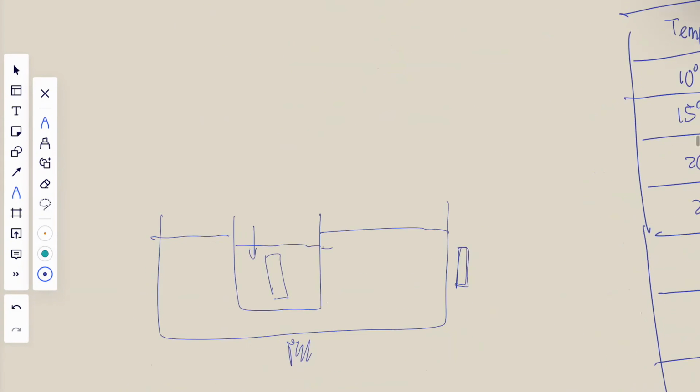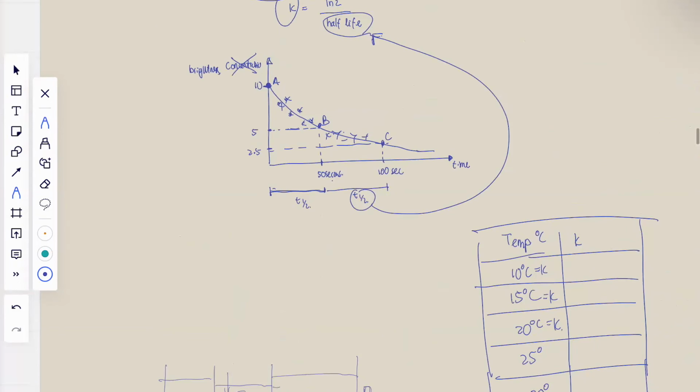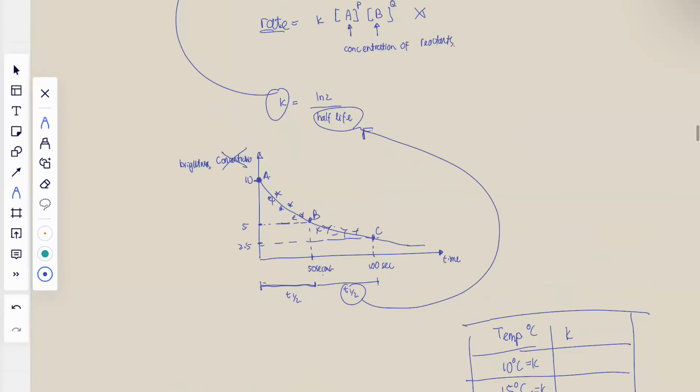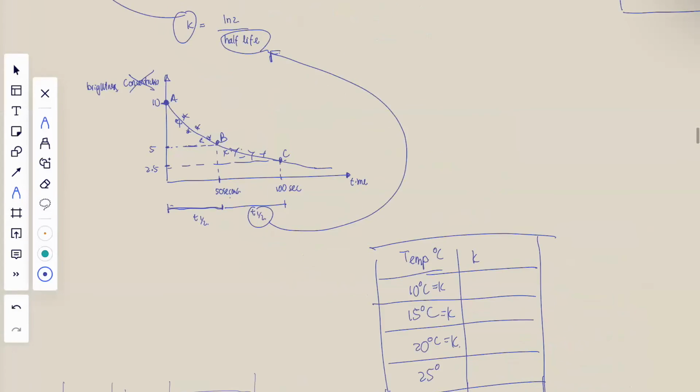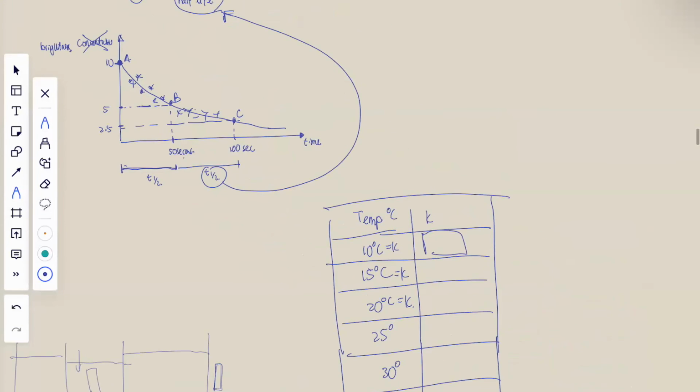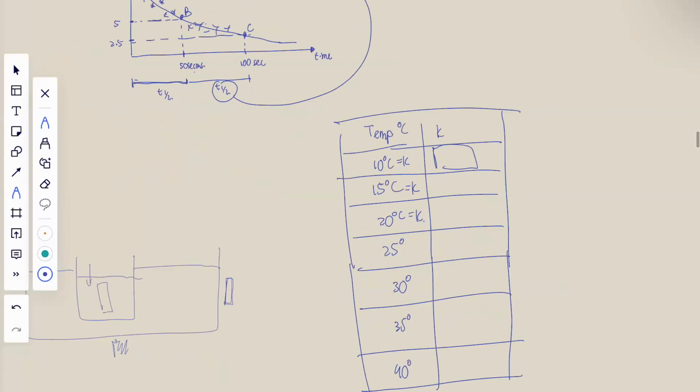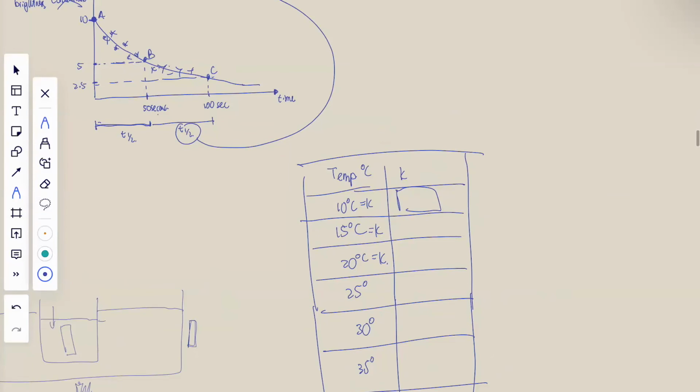After you sketch the graph, you get your half-life, and then you get your K. That is one K here.